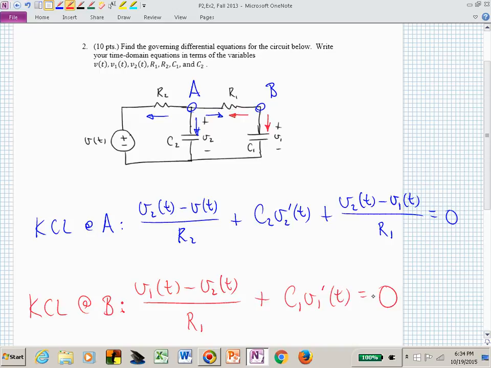That's just ICE. Those two algebraically sum to 0, and you're done. That's it. Those are your two equations. You have two first-order differential equations that are coupled, meaning they're sharing V1s and V2s in the two different equations.